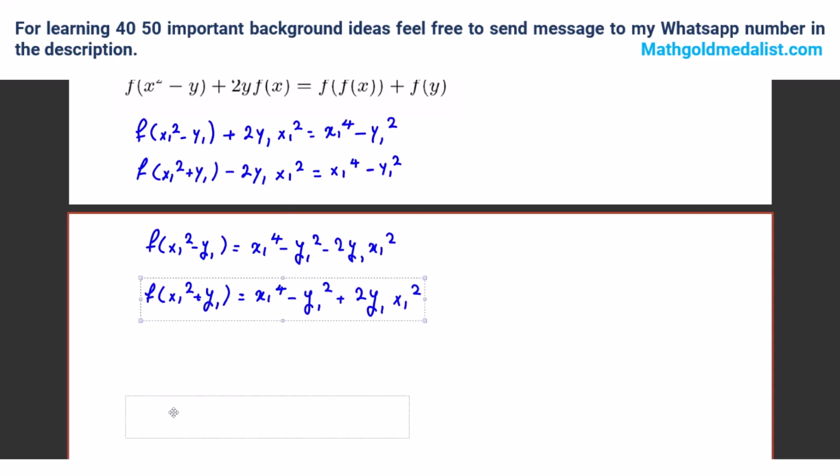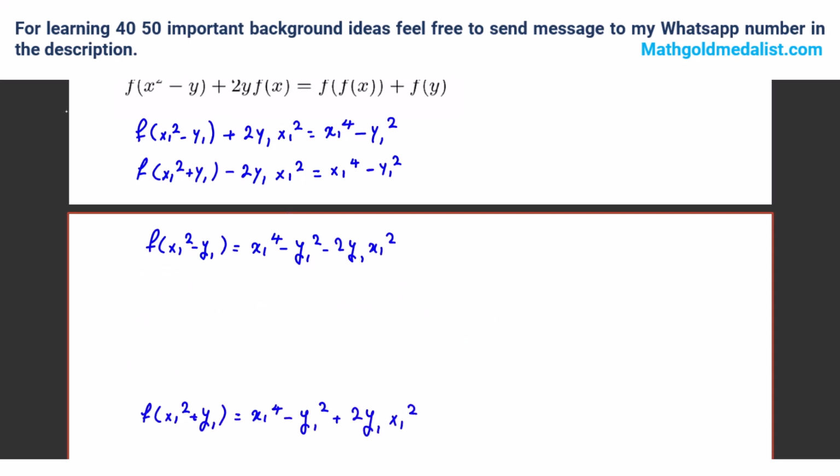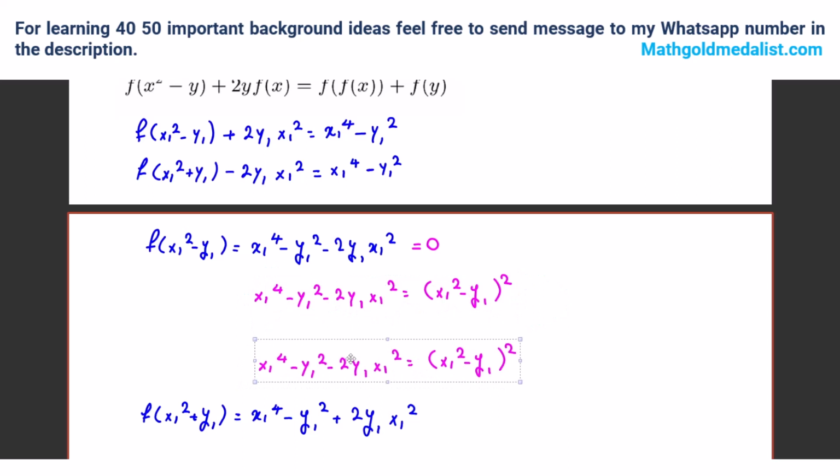For this one, we know we have three cases. It can be 0, or it can be this one squared, so x1 to the 4 minus y1 squared minus 2y1 x1 squared is equal to x1 squared minus y1 whole squared, or negative of that. So let's check negative of that.